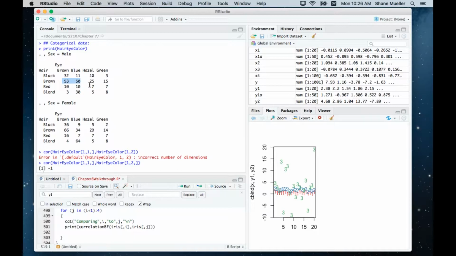So I'd like a test that would be able to figure that out. It looks actually even stronger for women. So here we've got twice as many women have blue eyes and blonde hair than blue eyes and brown hair. And so this is maybe kind of strange. So maybe that means either, what are they asking?